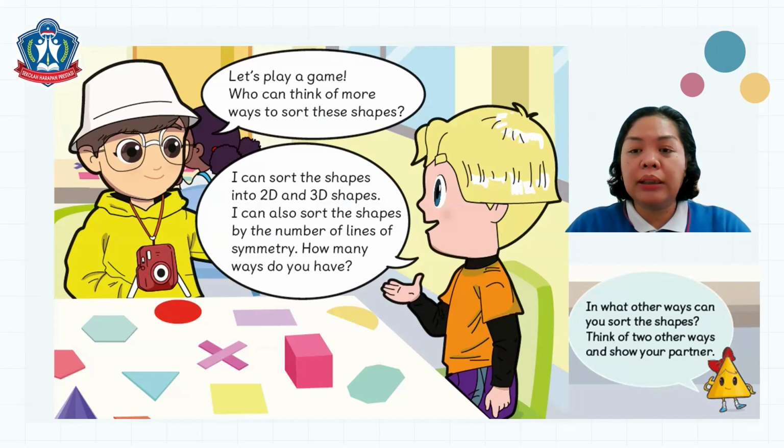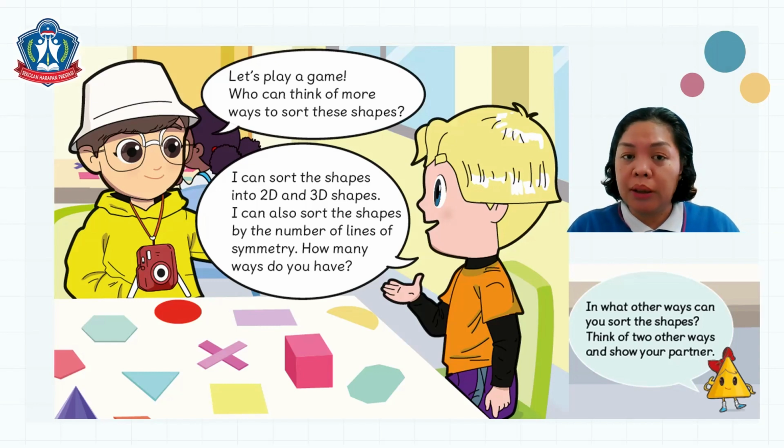In what other ways can they sort these shapes? If you are the children in this picture, how are you going to sort or group these shapes? Can you also sort them based on 2D and 3D shapes? Do you understand what 2D shapes and 3D shapes are? Stay in this video and I will discuss more about this.